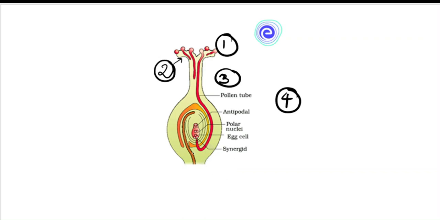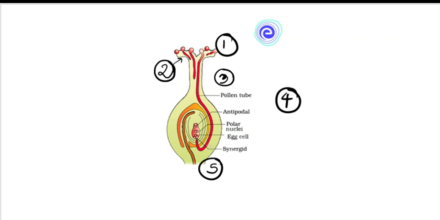It is not necessary that it will reach the micropylar end. I hope you know what the micropyle, chalaza, integuments and everything are. It can enter through the integument also, or through the chalaza. So these are the five steps of pollen-pistil interaction.